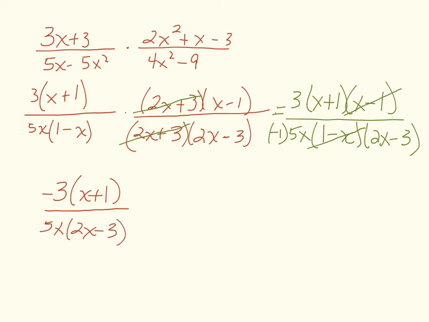Now look at it and think about, is there anything else that can be canceled? So we have -3 times x plus 1 in the numerator and 5x times 2x minus 3 in the denominator, and that is the simplified version of this multiplication. Okay, we've multiplied and canceled, simplified everything.